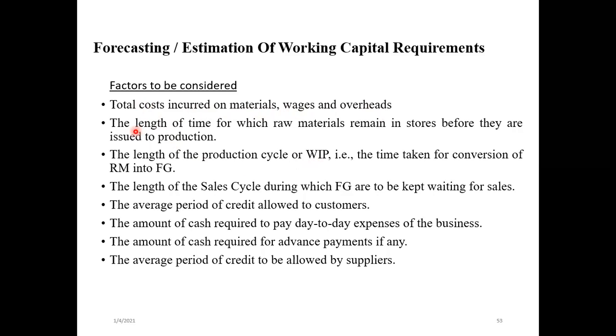Number two, the length of time for which raw material remains in the store before it is issued for production. Simply, how long our raw materials are kept in our store before the production process starts. Third, the length of the production cycle, the work in progress, the time taken to convert raw material into finished goods.